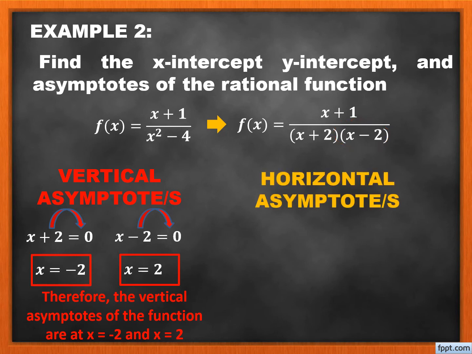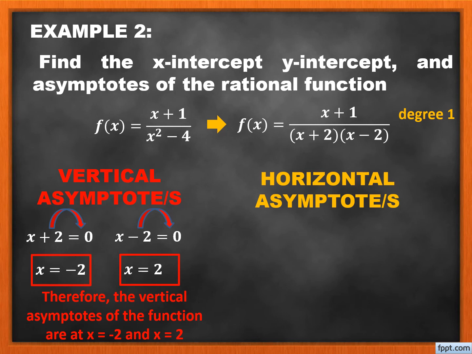How about horizontal asymptotes? So just like what we did in example number 1, we're going to compare the degree of the numerator and the denominator of our function. So in this case, our numerator is x plus 1 and the degree is 1.